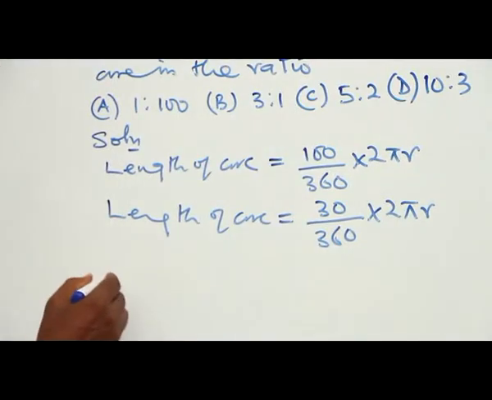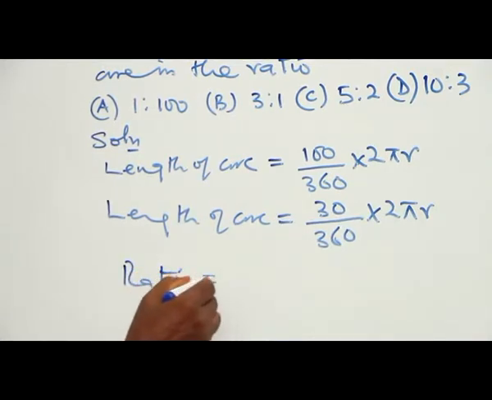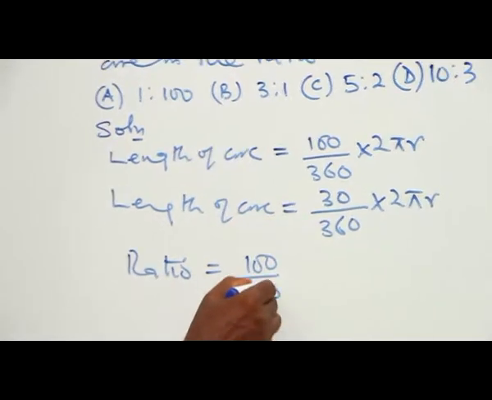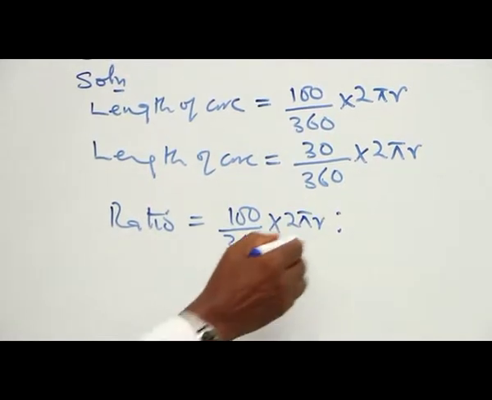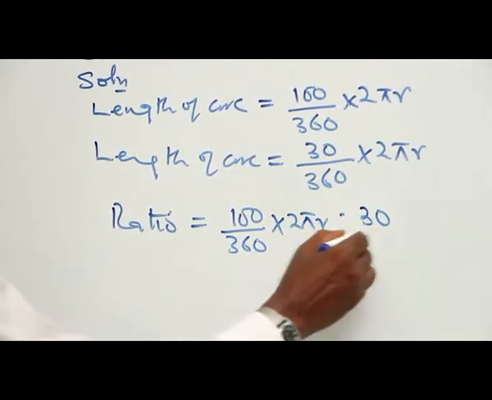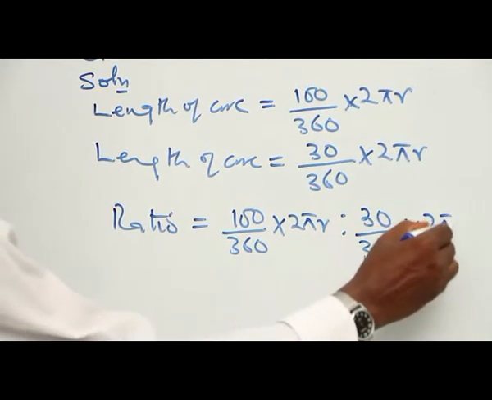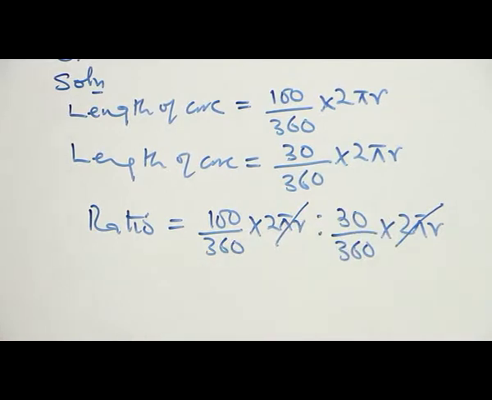Now the ratio will be equal to 100 over 360 times 2πr to 30 over 360 times 2πr. 2πr and 2πr will go.